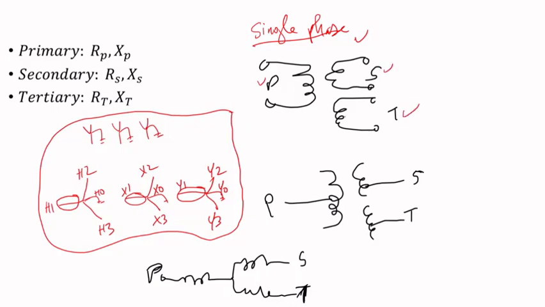So this shows a winding: you have the start of the winding, then you wind the turns, then you reach the finish of the winding. The same thing here, and I'm not showing polarity and other things, because that's not the intent of this video.